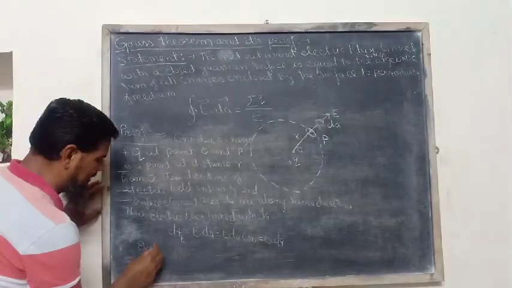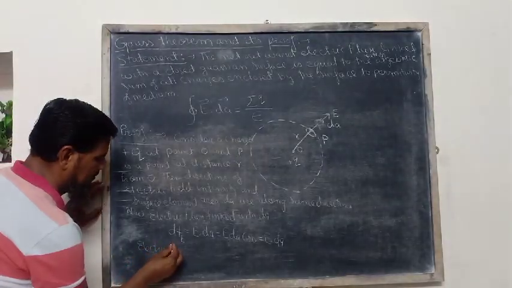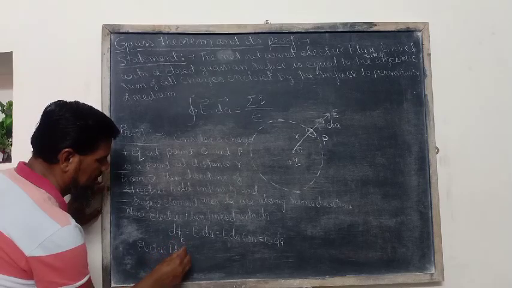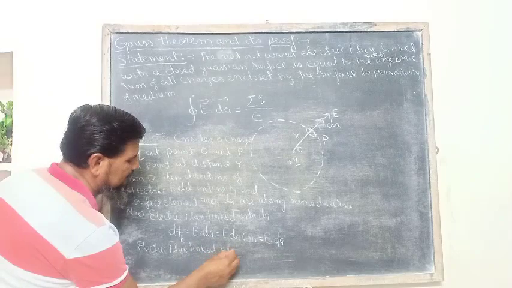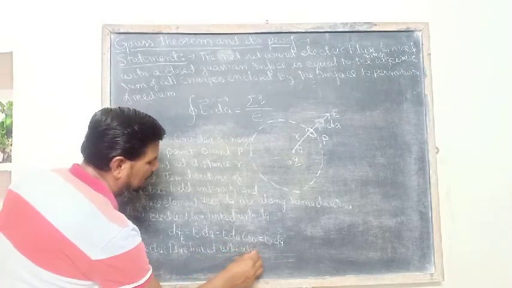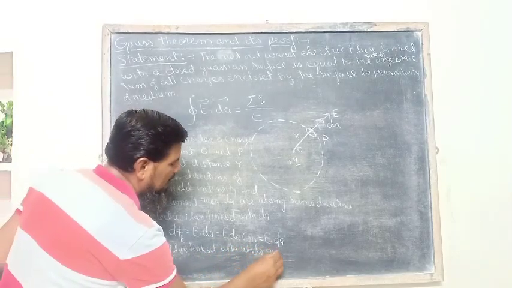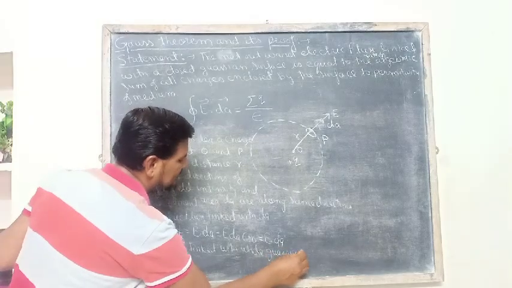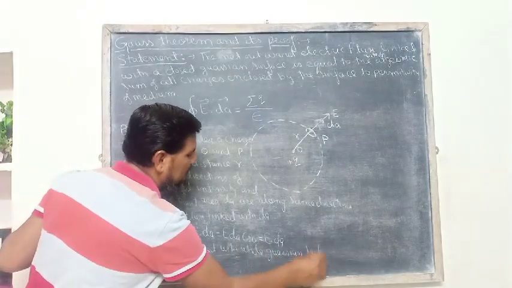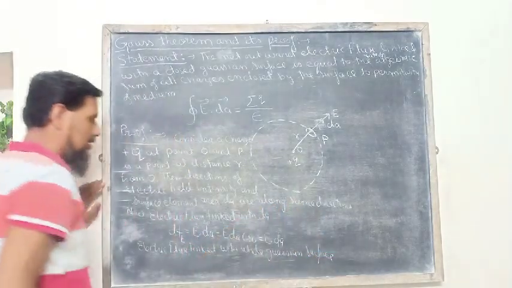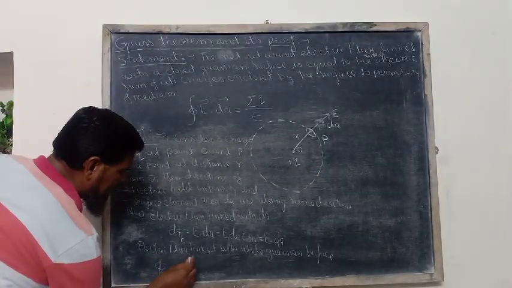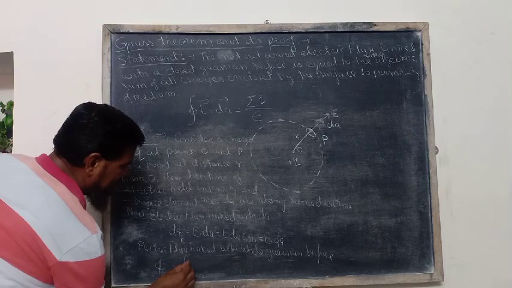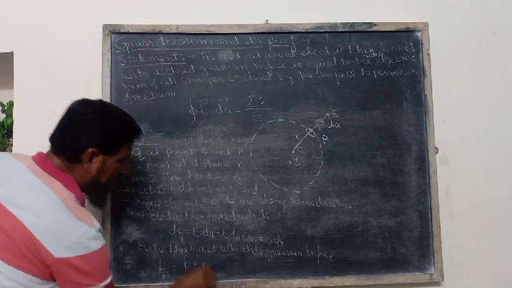Then the electric flux linked with the whole Gaussian surface, phi E, is equal to the surface integral of E dA.